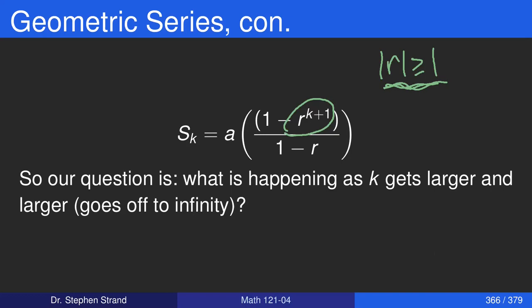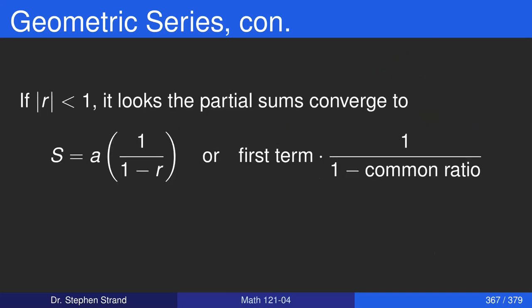But if we use a common ratio that's strictly smaller than 1 in absolute value, then as we raise that to bigger and bigger powers, we are going to get something that goes to 0. So if r is less than 1 in absolute value, then this term is going to go to 0. So in summary, if the absolute value of the common ratio is less than 1, then this is going to be a formula for our whole series.